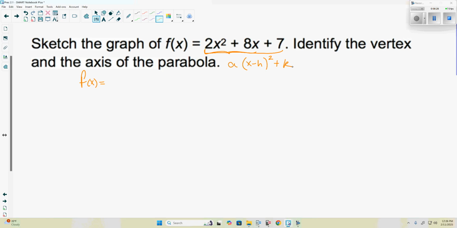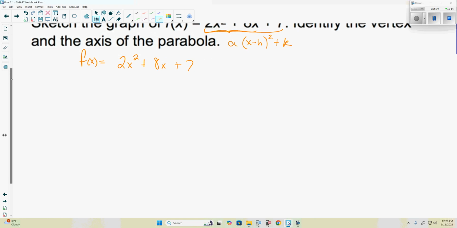So the first thing we need to do is get our terms together. So we have 2x squared plus 8x plus 7. We're going to group these first two terms together, our 2x squared plus 8x, because we need to be able to rewrite this as a set of parentheses squared.